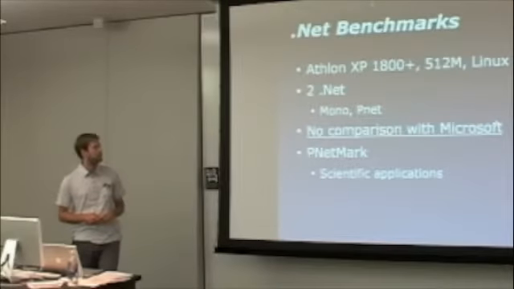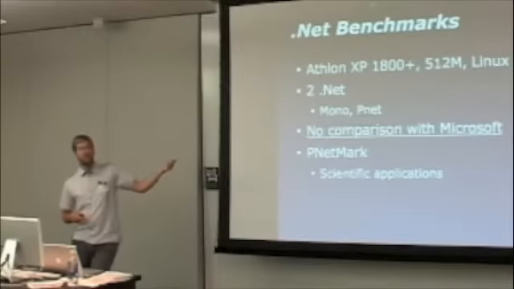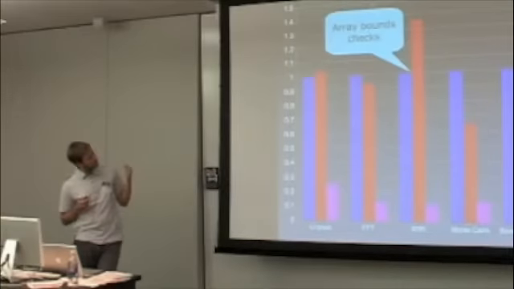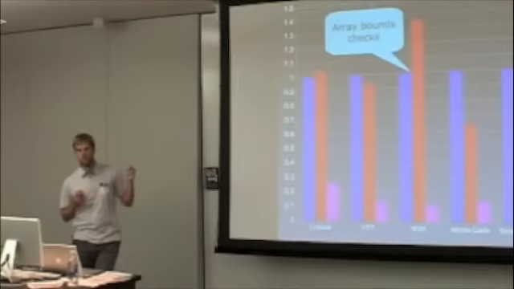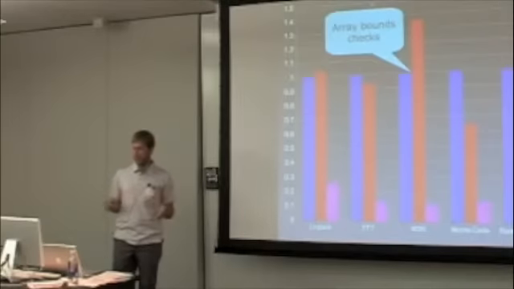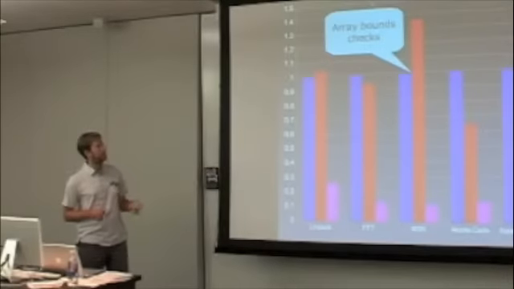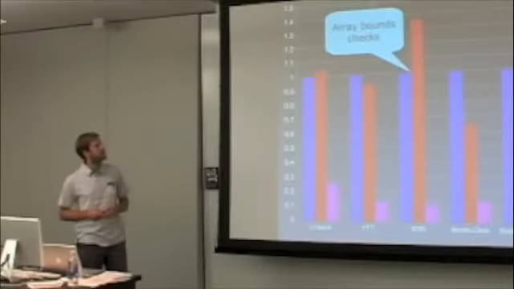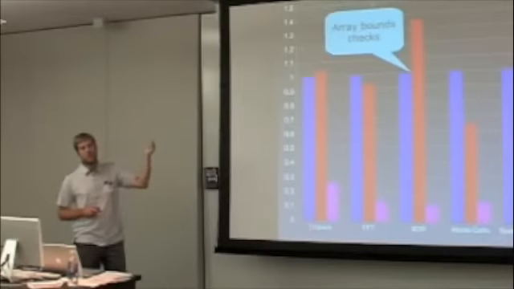So that wouldn't be fair. We use the PNet benchmark, which benchmarks scientific applications. And here it's really impressive because we have really good performance compared to Mono, which has a large developer base and has been around for ages. On the SOAR benchmark, it's the same as on the JVM benchmark. The array bound checks are not removed.